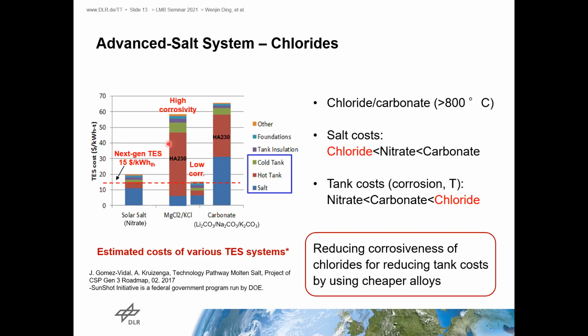Then as shown here, the cost for the tanks will be very high. So in the future, if we want to use the molten chloride salt technology, we have to control its corrosivity. Then we can use the cheaper alloys as the structure materials.